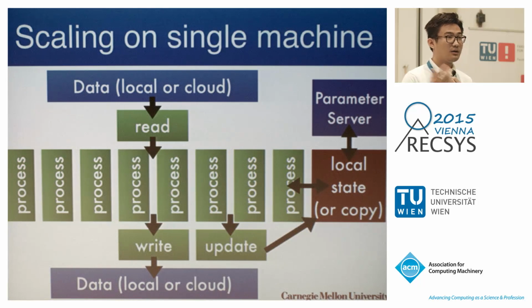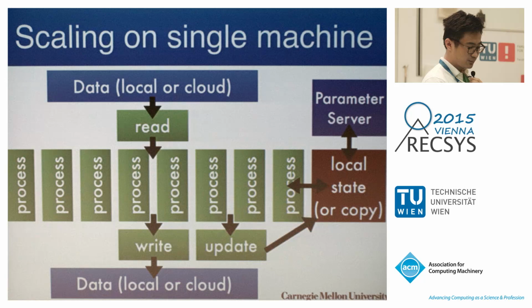Now we're talking about how to boost our algorithm. It's simple, three components: we first read, update, and write. A lot of effort goes into how to read data in really large scale data scenarios, and because we implement our algorithm on a single machine, we maintain our state locally as a local state.